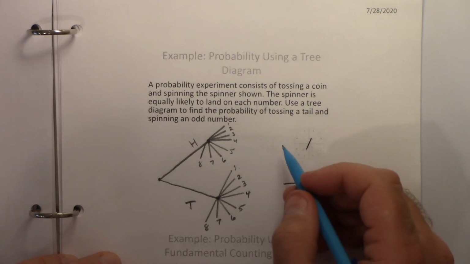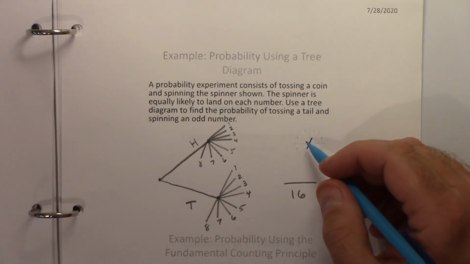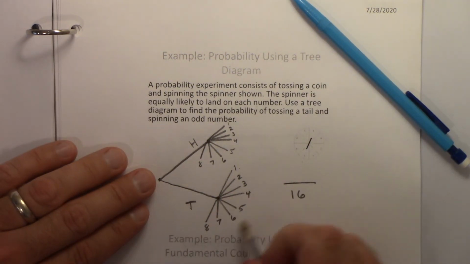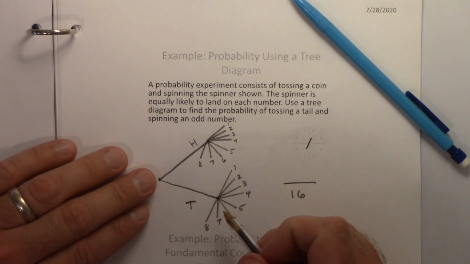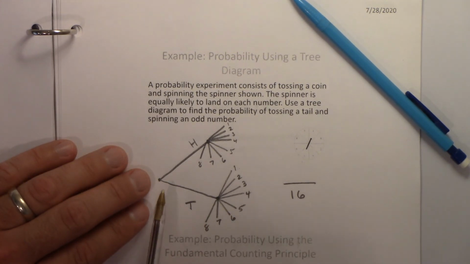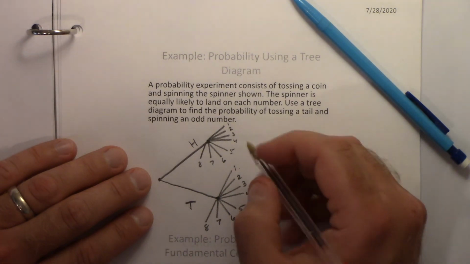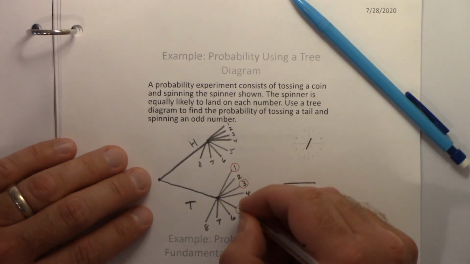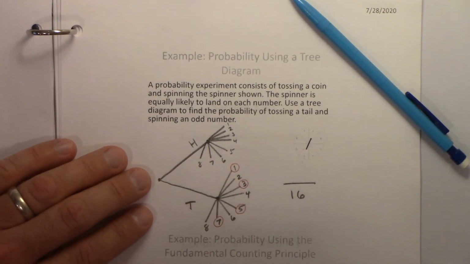Now they're asking us to find the probability of tossing a tail and spinning an odd number. So now I'm going to circle all of the outcomes that satisfy the conditions of that event. So we have to toss tails here, so I'm down on this path, and spin an odd number. So I'm circling 1, 2, 3, 4 outcomes total.